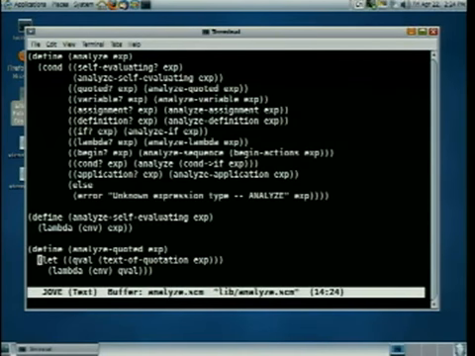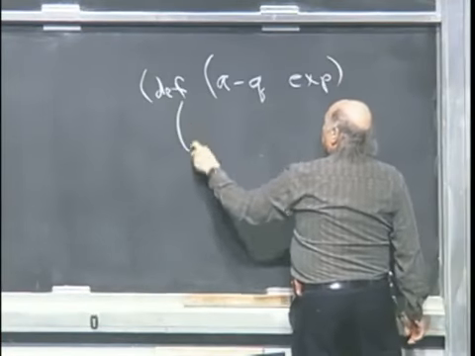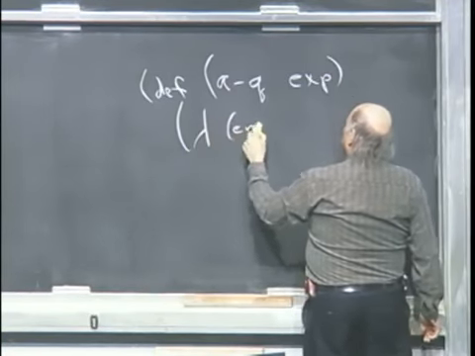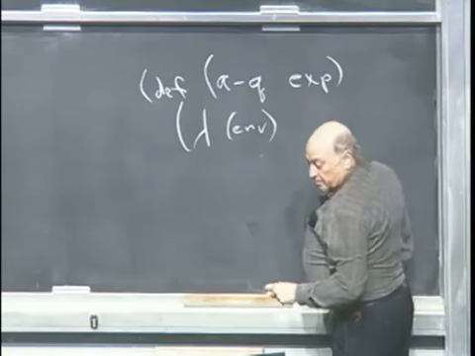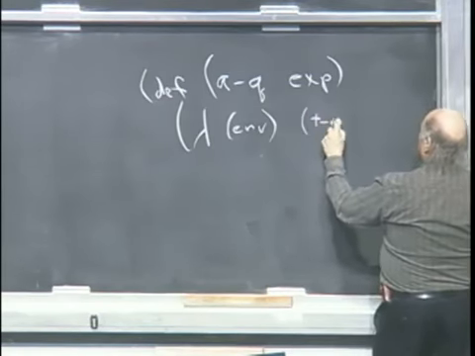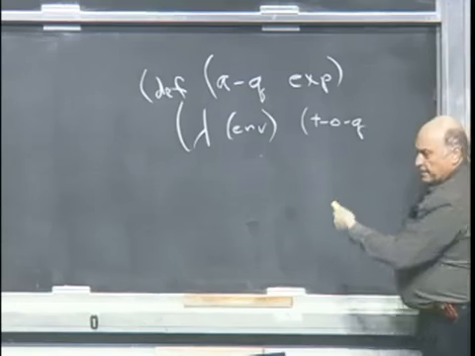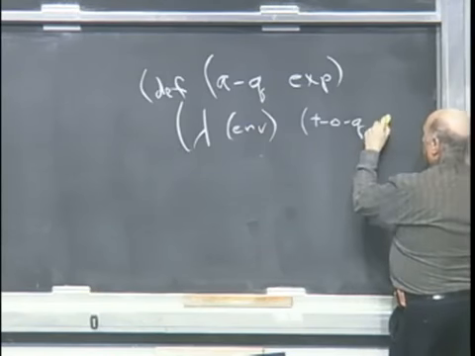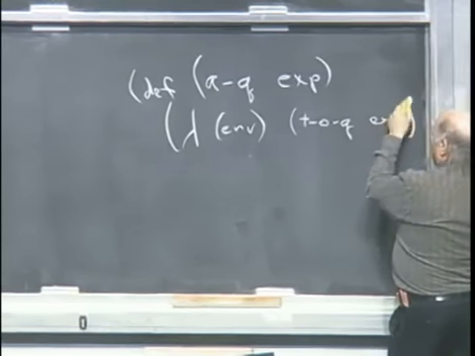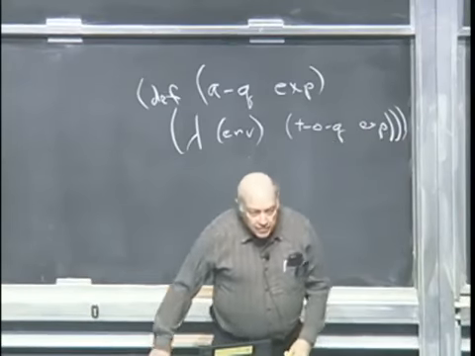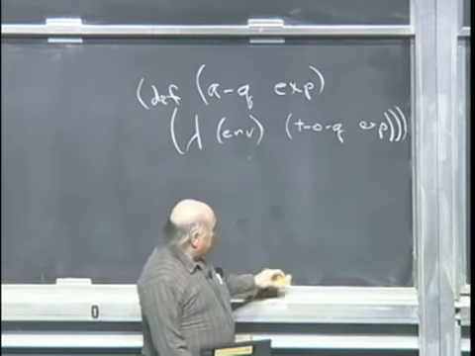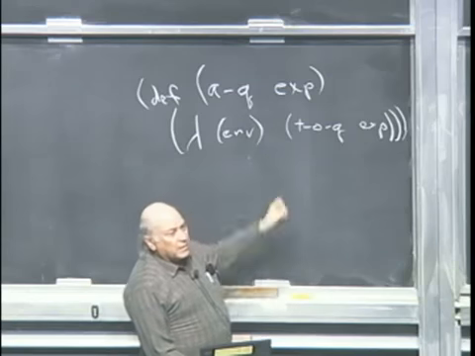Why doesn't it just say define analyze quoted exp to be lambda of env text of quotation, which means cadr of exp? So this would look like the thing that we did just above it for analyze self-evaluating.